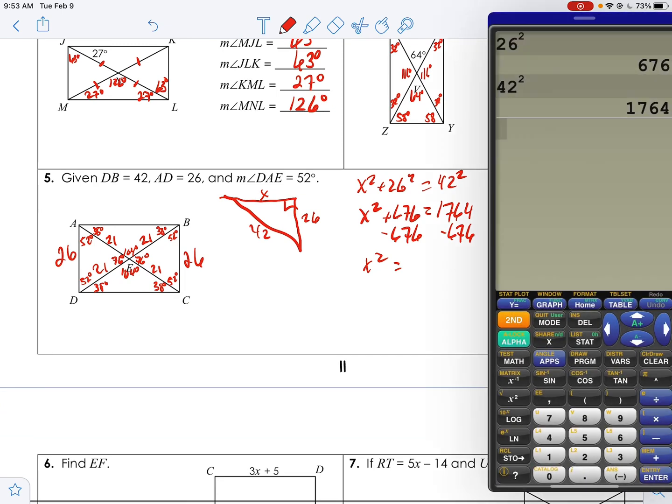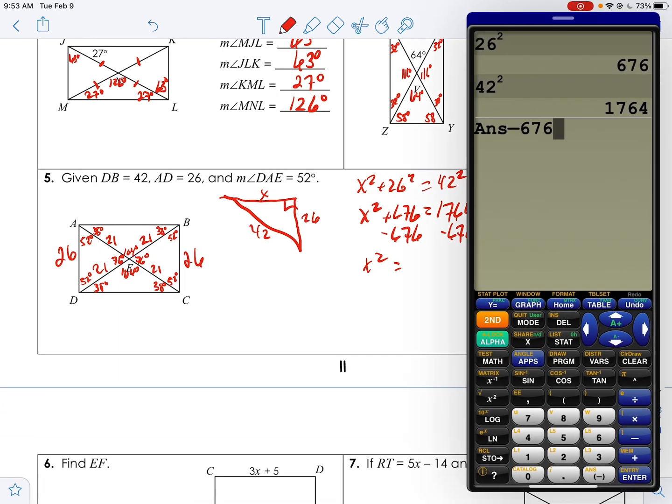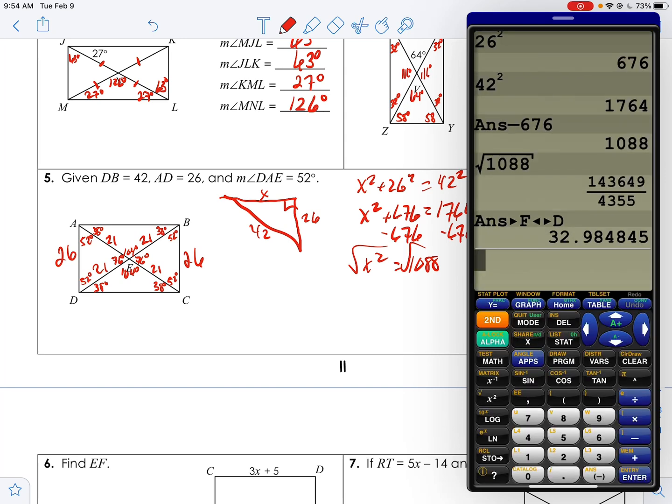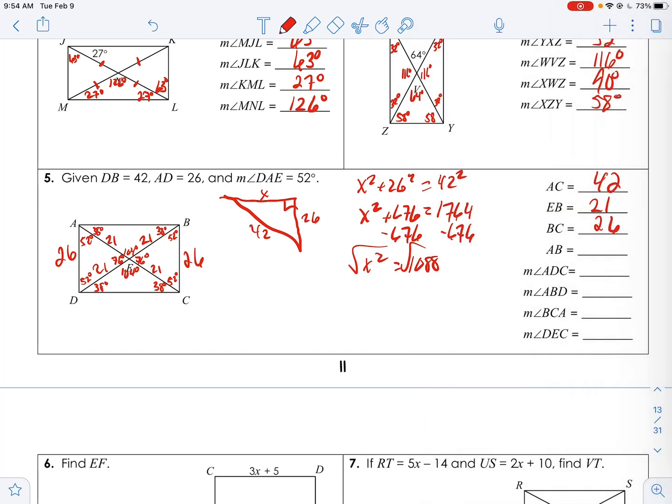X squared equals 1088. Square root both sides. So square root of 1088 is 32.98, or we'll say about 33. X is about 33.0.